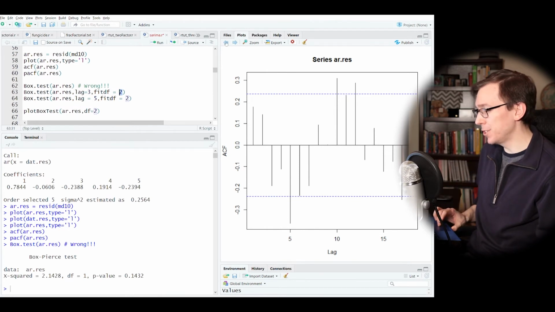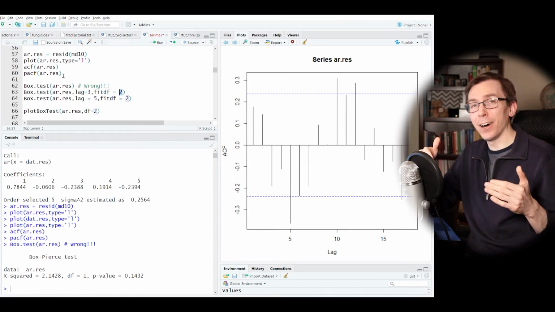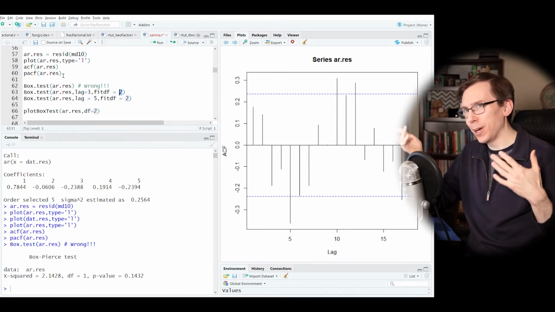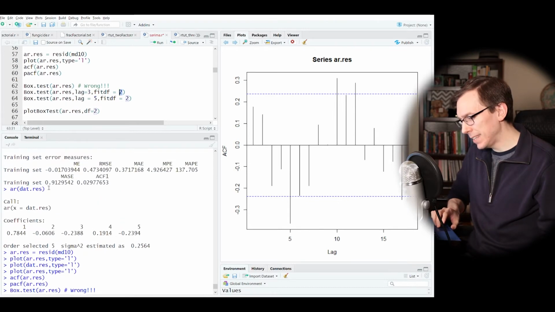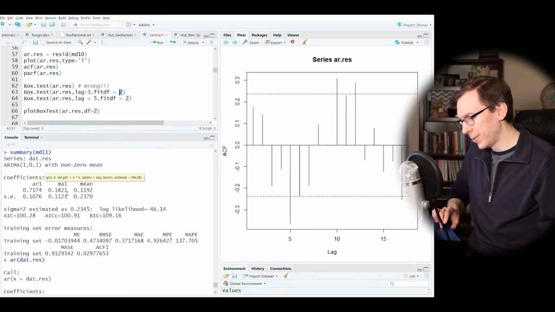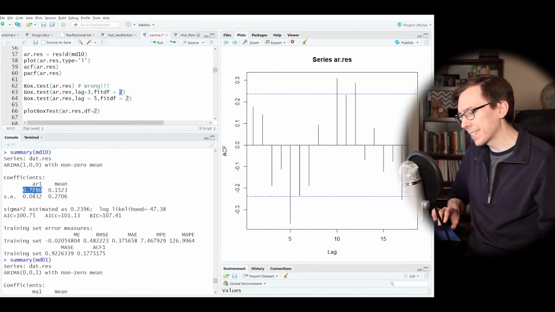So we had this residual process, and what we did was we fit an AR1 to it. We also had a mean. So if we go back to the first summary up here, what we actually fit were 2 parameters. We fit a mean to our data, and we fit an autoregressive order 1 process.